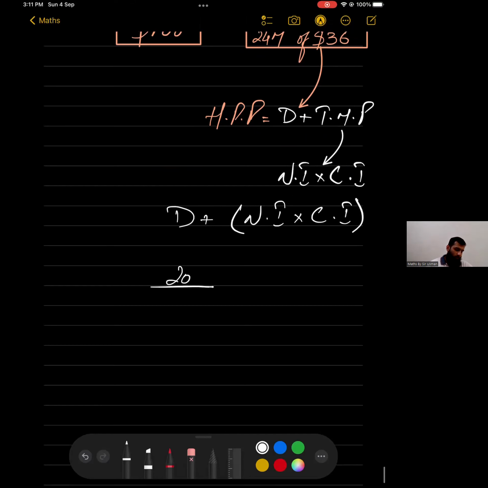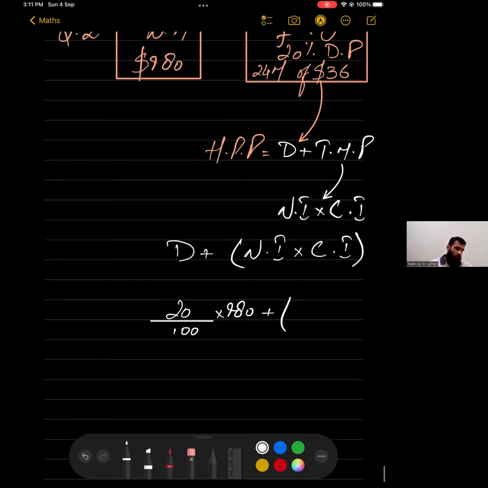So it is basically 20% of the total cost. 20% कैसे निकलेगा total का, which was 980. आप क्या करोगे 20/100 multiplied by 980 कर दोगे. Plus each installment was of $36. It was of $36 for 24 months.